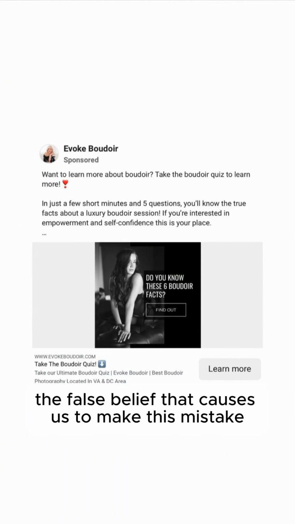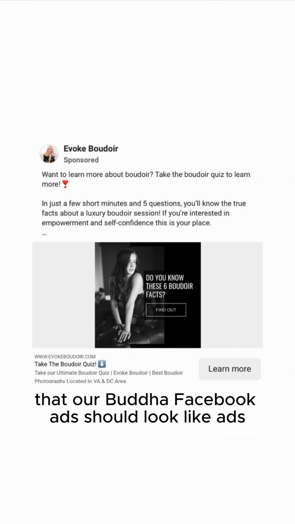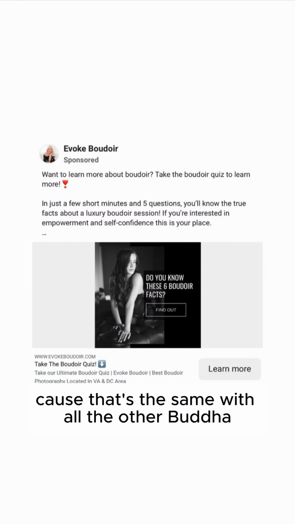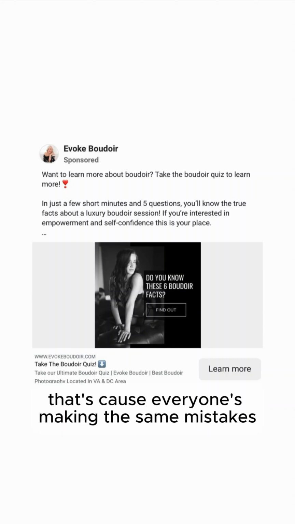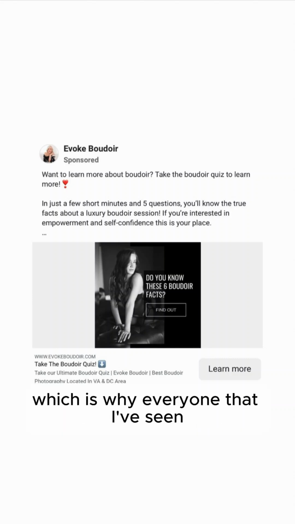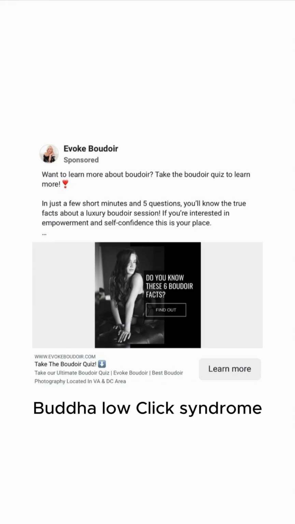The false belief that causes us to make this mistake is that we believe our Boudoir Facebook ads should look like ads, because that's the same as all the other Boudoir Facebook ads we've seen. And that's because everyone's making the same mistakes, which is why everyone whose backend data I've seen has had BLCS, Boudoir low-click syndrome.